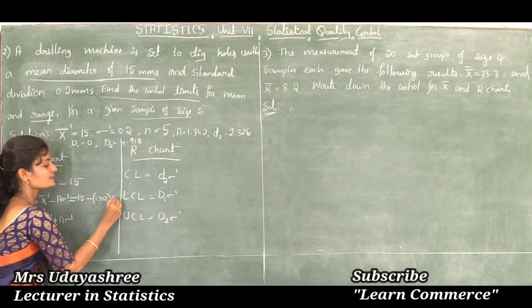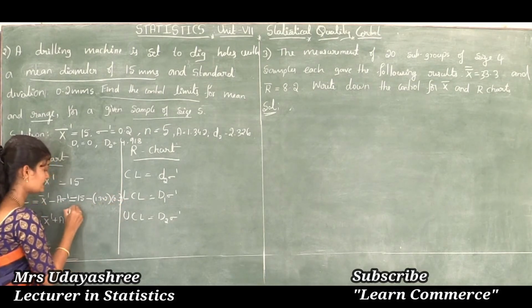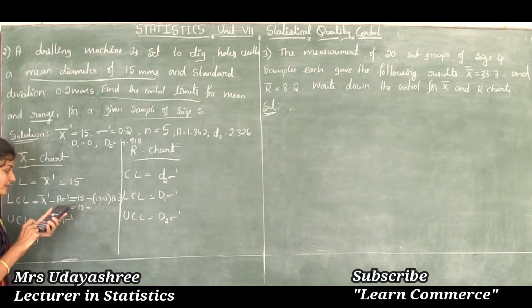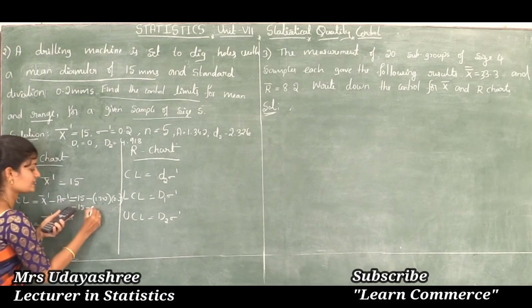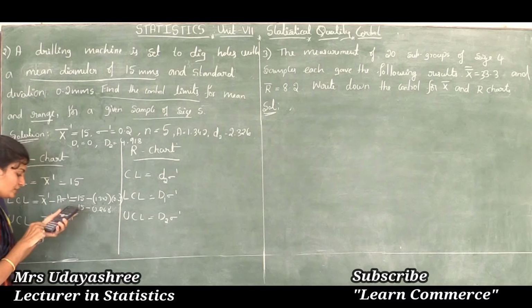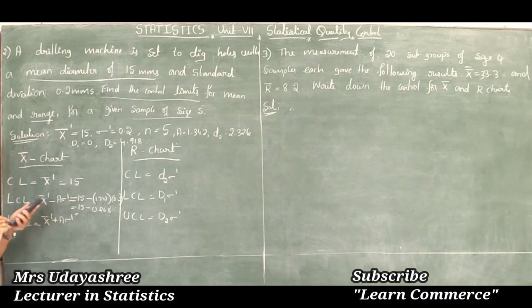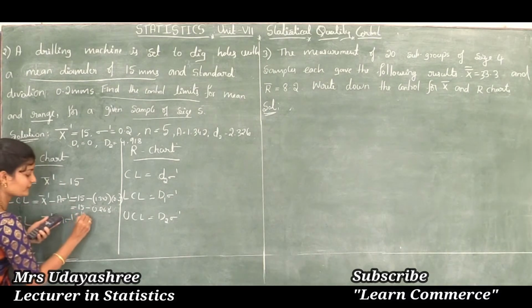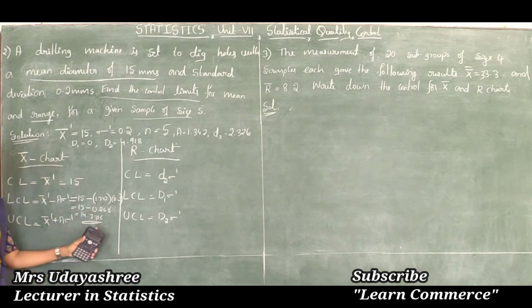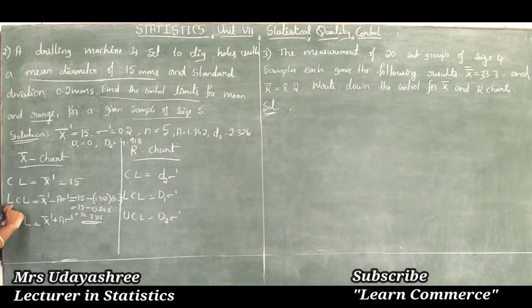Sigma dash is 0.2, and this is equal to 15 minus 1.342 into 0.2, that is 0.2684. This is equal to 15 minus 0.2684, that is 14.7316. This is the calculated value for the lower control limit.